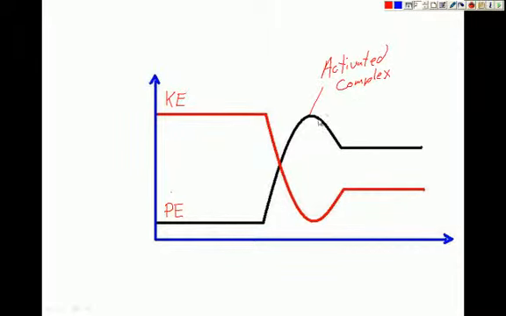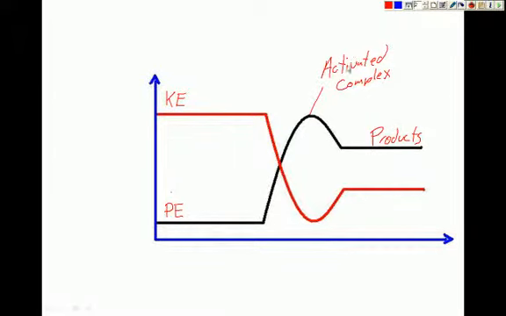At the activated complex, the potential energy is very high and the kinetic energy is very low, and then it releases some of that potential energy and becomes products. Therefore it gains some of its kinetic energy back, and it's products here.